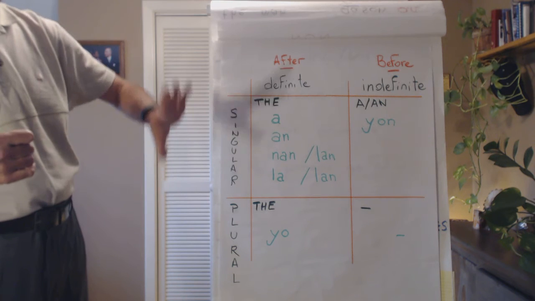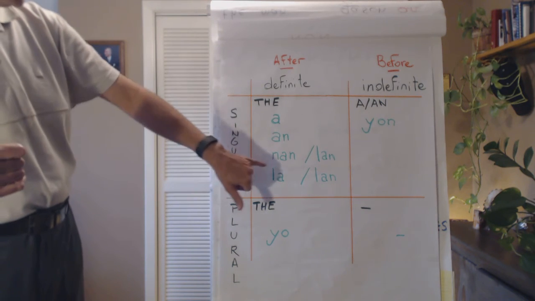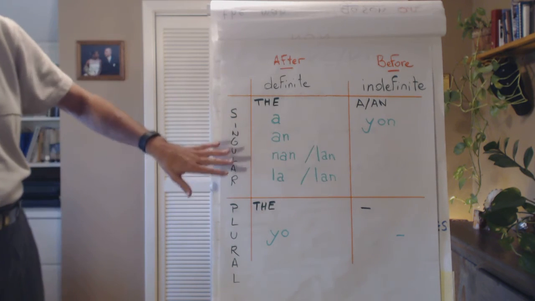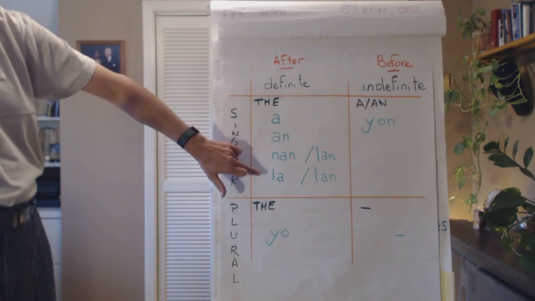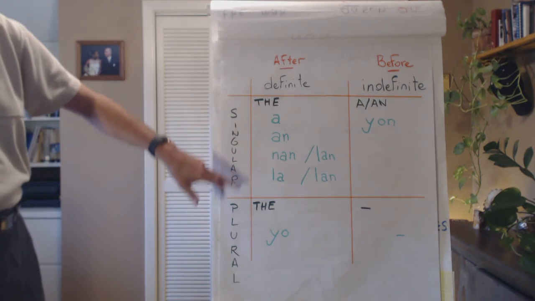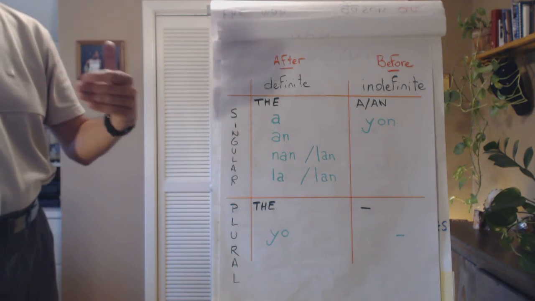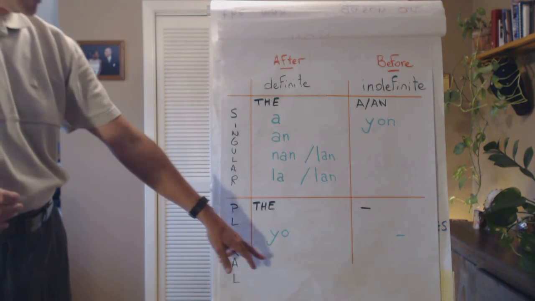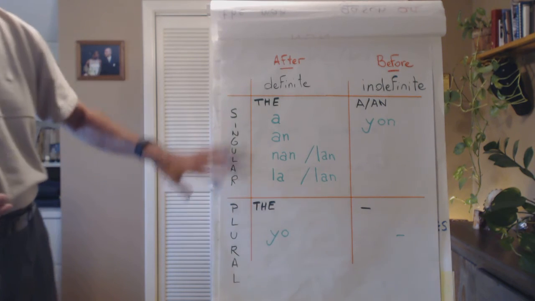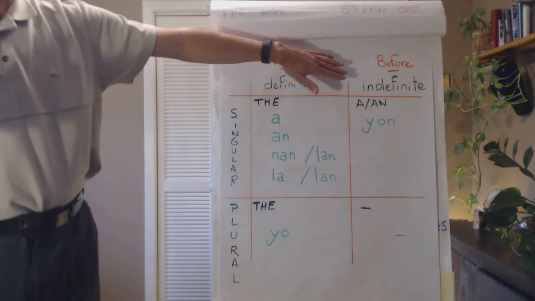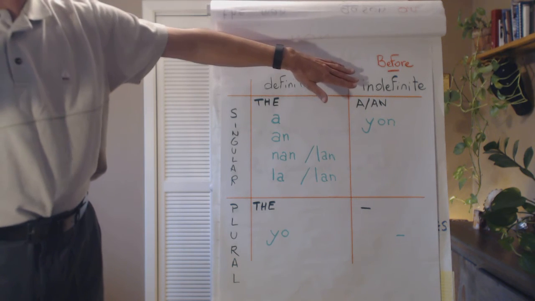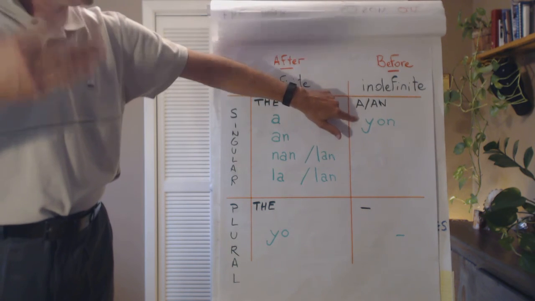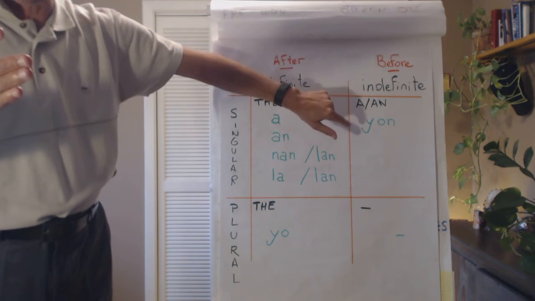And sometimes, in some areas in Haiti, they will replace non by lo and la by lan. But to make it simple, if you stick to these rules, you will always be right. Then plural, definite, the cars, machine yo, always after, but there is only one possibility. And then if it's indefinite, a car, a book, a chair, yon chaise, yon cahier, yon machine.